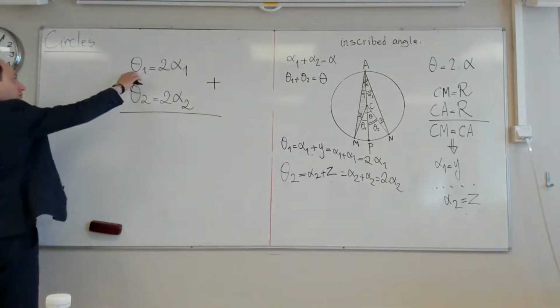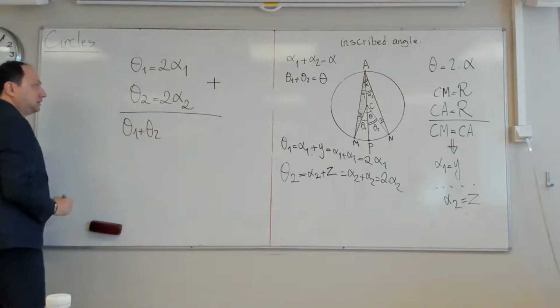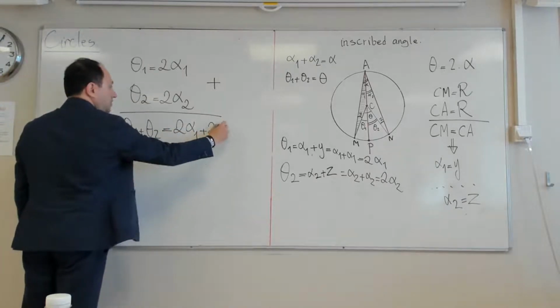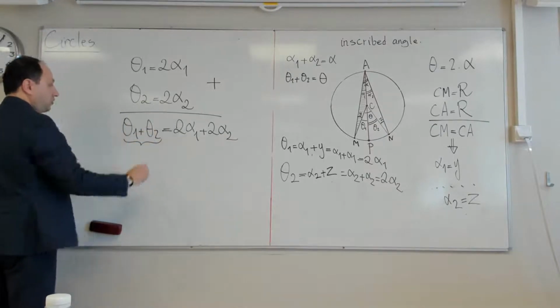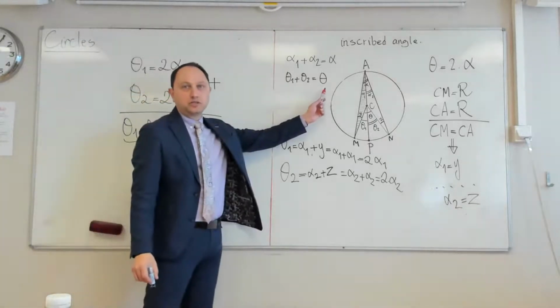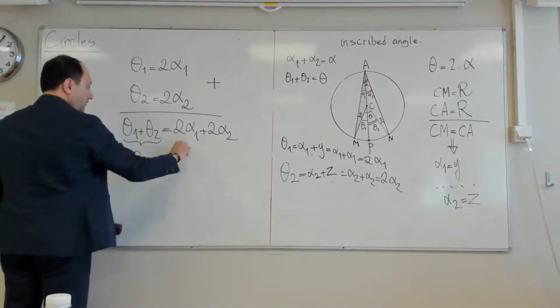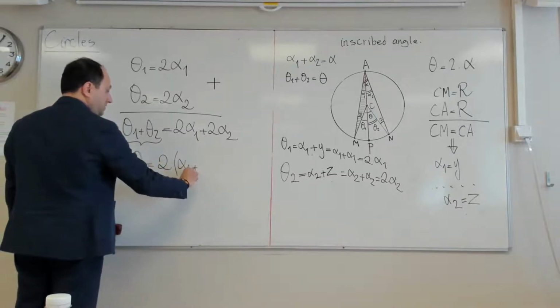Well, so it becomes theta 1 plus theta 2 is equal to 2 times alpha 1 plus 2 times alpha 2. But if I ask you, what can I write instead of theta 1 plus theta 2, it's still on the board. It's theta. And what can I do on the right-hand side? I can factor a 2 out. I'm using algebra here, connection between algebra and geometry.